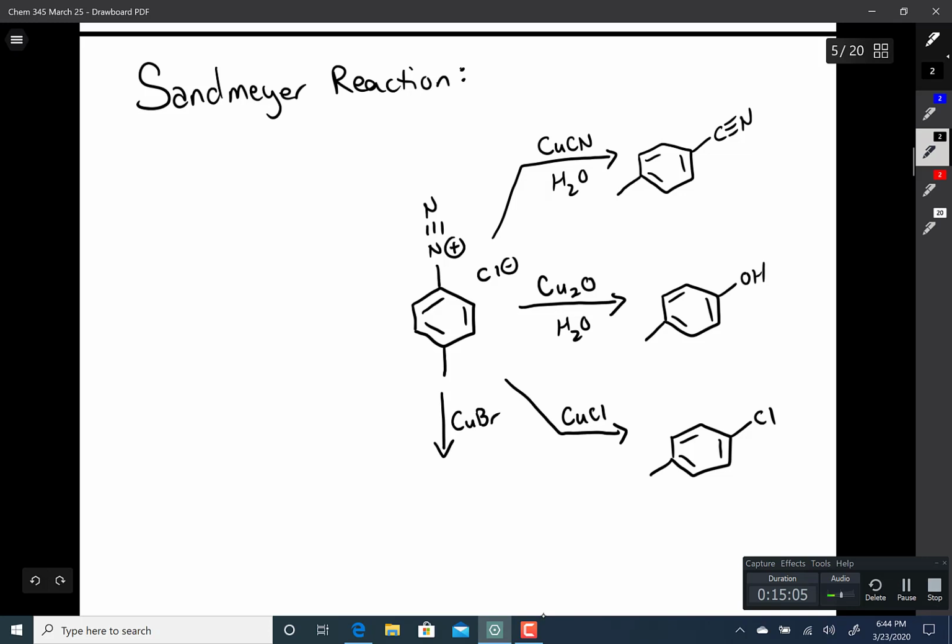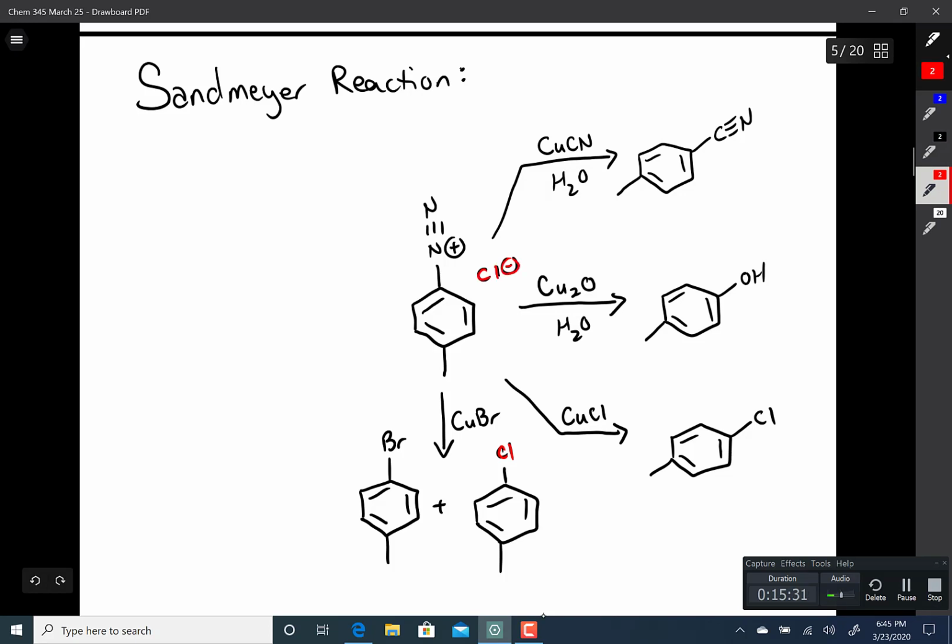Copper bromide? Well, if you do it with that diazonium salt, you actually will end up getting a mixture. The bromide and the chloride. So you have to be a little bit careful when you're using the copper bromide salt. Where is this chloride coming from? Well, this chloride is coming from right here.